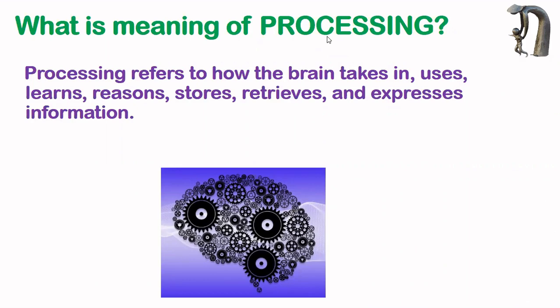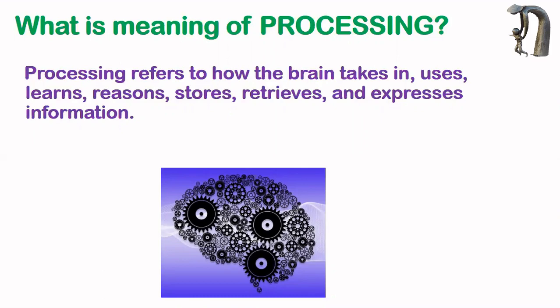But here, processing refers to how your brain takes in, uses, learns, reasons, and stores, and how it retrieves and expresses that stored information. That's what I want to tell you.